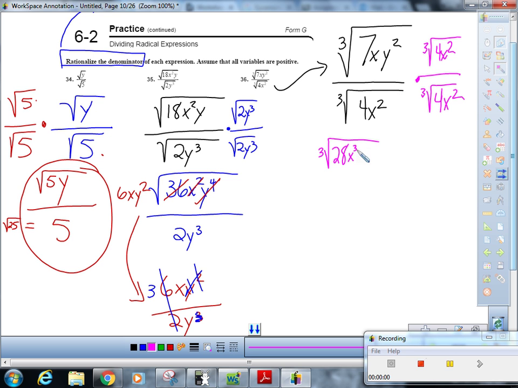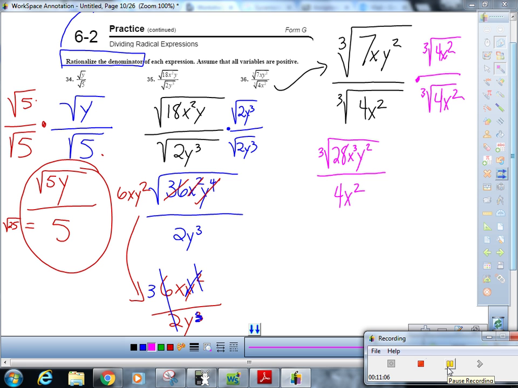X cubed y squared over 4x squared, because, sorry, cube root, yeah, that's right. No, is that right? Cube root of 4x squared times cube root. No. Pause. Okay, I just realized that I've never done one like this before.